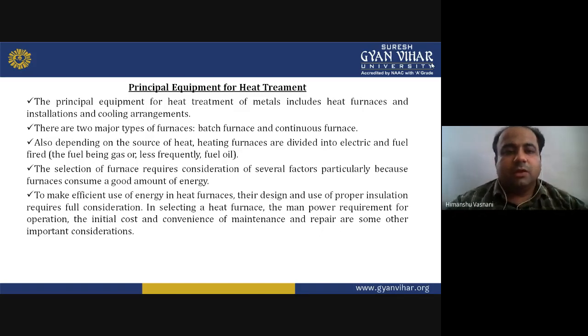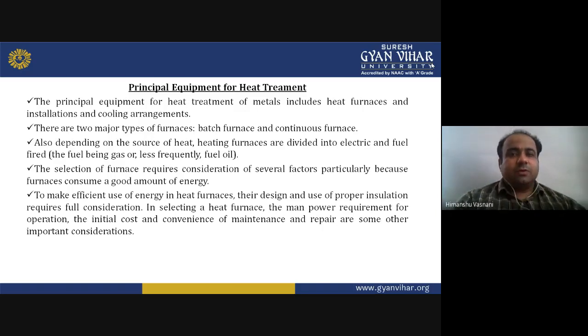The selection of a furnace requires consideration of several factors, particularly because a furnace consumes a good amount of energy. Furnaces are used to heat the workpiece, so they require a very good amount of energy that can heat up the whole content of the material.